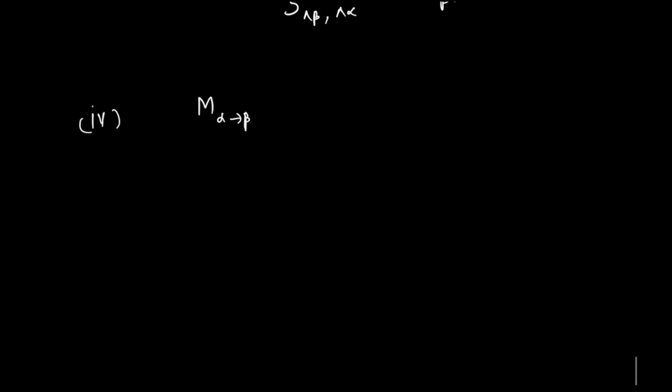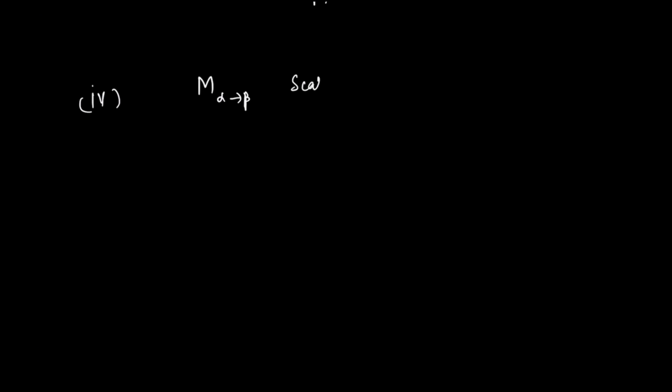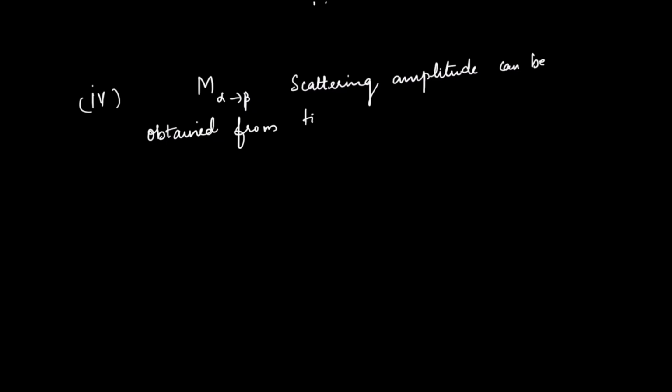So the last property says that M alpha beta, or the scattering amplitude, can be obtained from the time ordered correlation function.